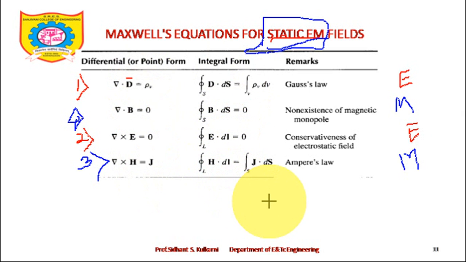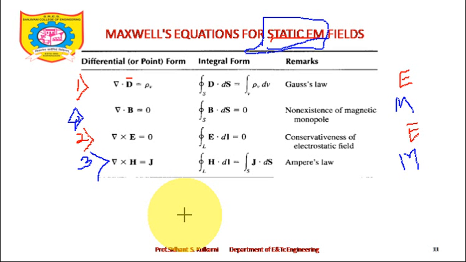Let me tell you friends, in the previous examination this question was asked for 4 marks. You are just supposed to write these 4 expressions neatly and cleanly. Don't try to mug it up. Just try to remember the vector identities. Just try to remember the basic concepts which we have studied in unit number 1 and 2, and then apply them here. You can write this for static electromagnetic field, Maxwell's equations for static EM field.